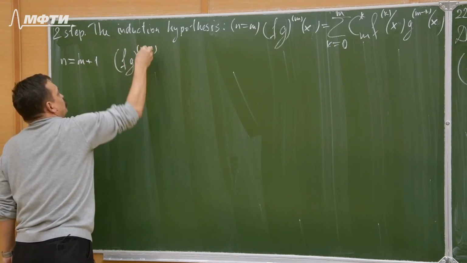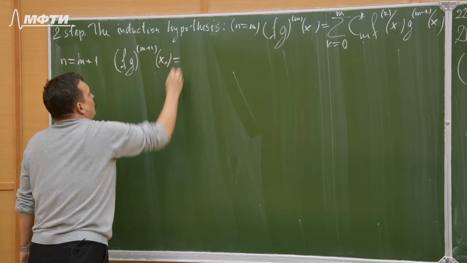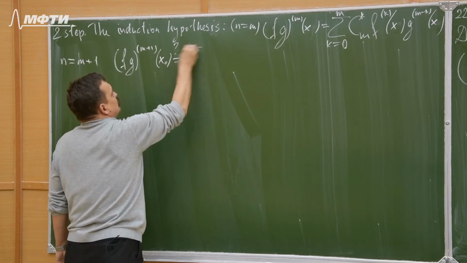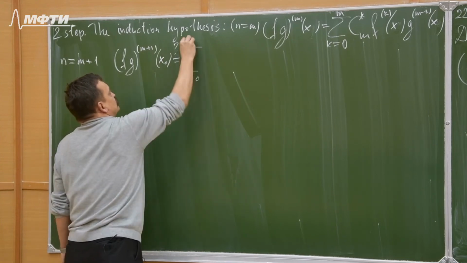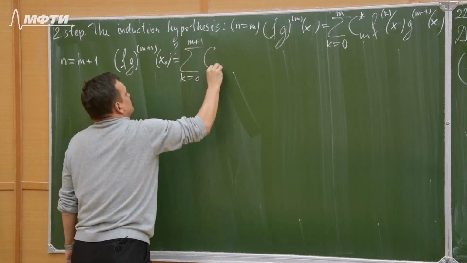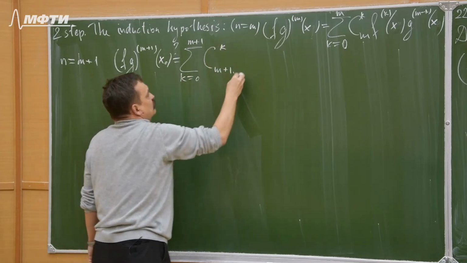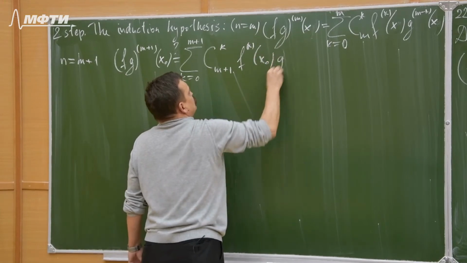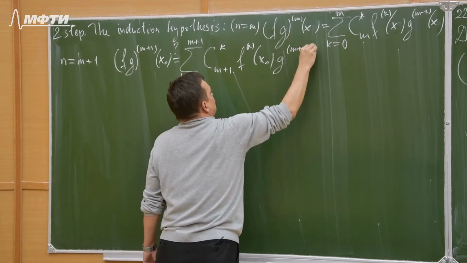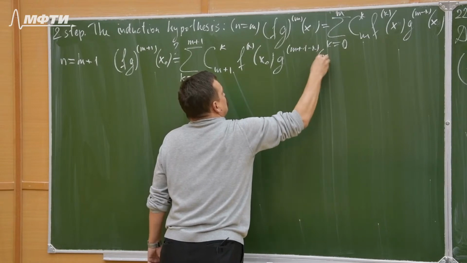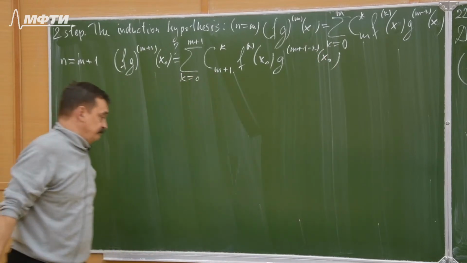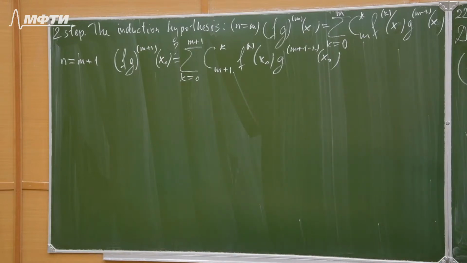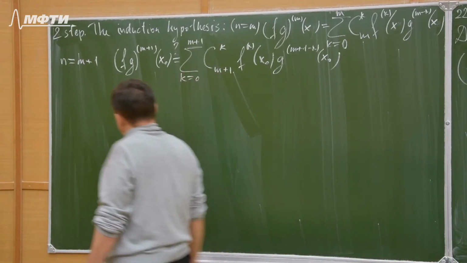So the (m+1)th derivative of fg at a point x naught equals, that is a question, the sum k from 0 to m plus 1, C(m+1,k) f_k g_(m+1-k), and that is what we need to prove. How to proceed?